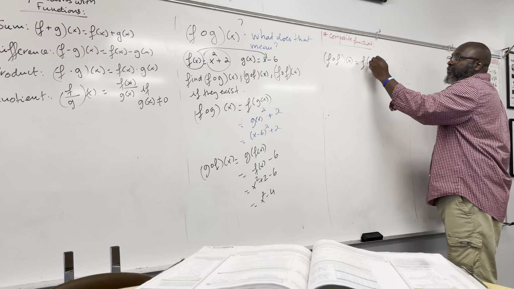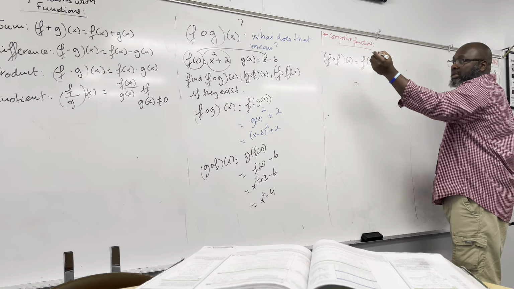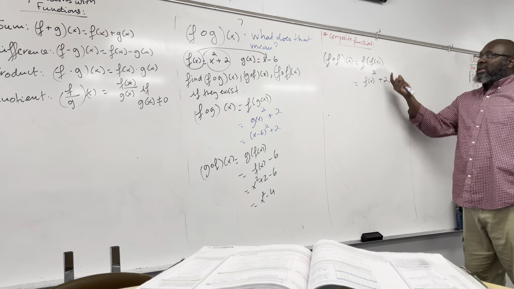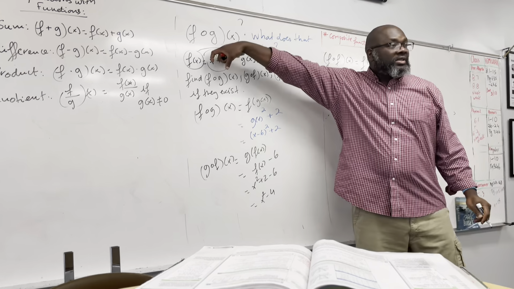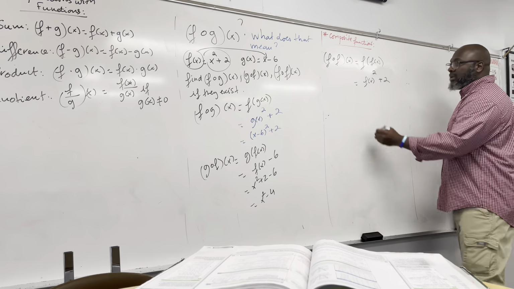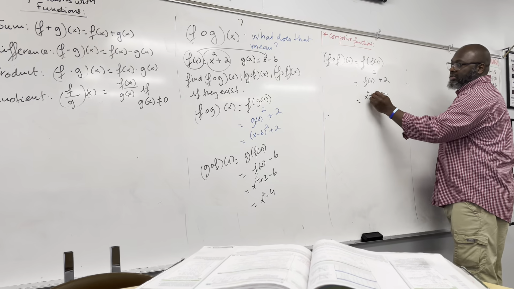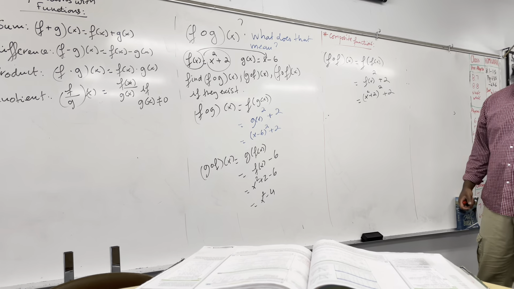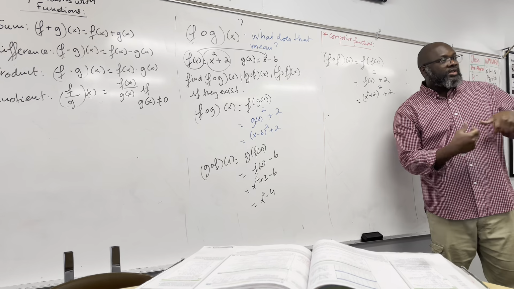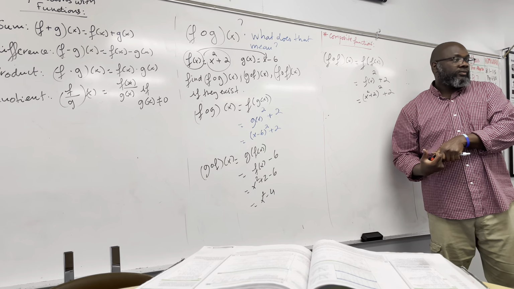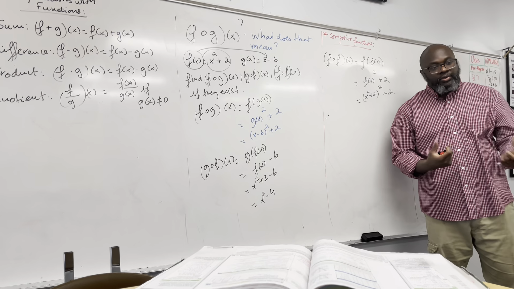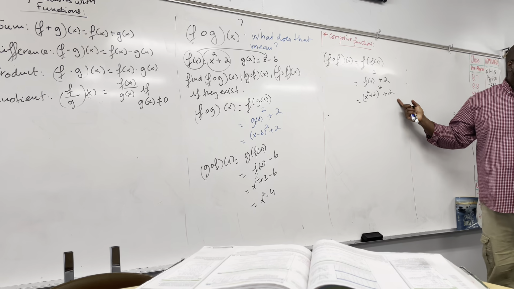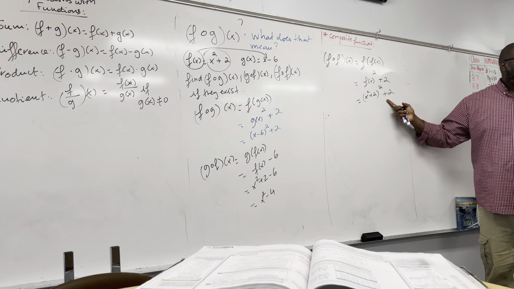So it's going to be f of x squared plus 2, because I'm taking f of x and plugging it back into itself. That's going to be x squared plus 2, the whole thing squared, plus 2, right? That's all we're doing here: taking one and reinserting it into itself. So that gives you f of x squared plus 2, which is x squared plus 2 squared plus 2.